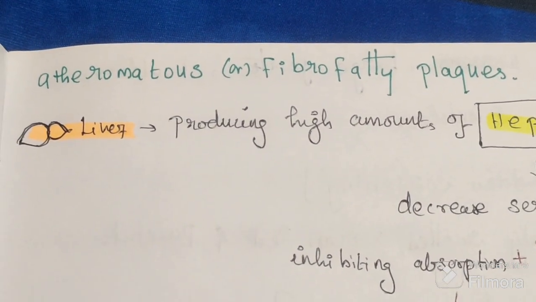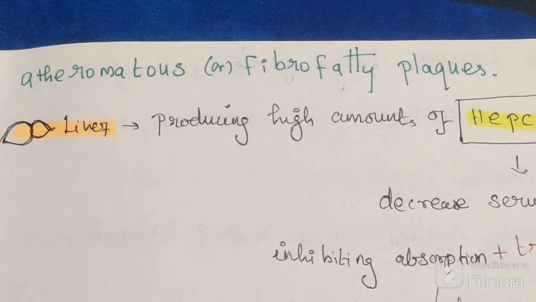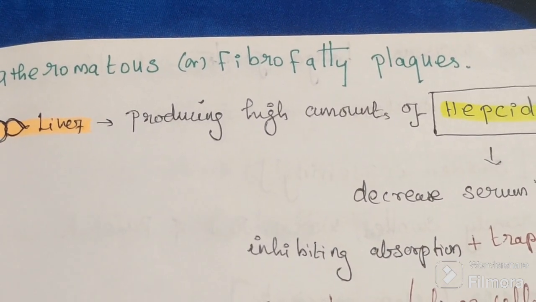In response to inflammatory cytokines, the liver also starts producing high amounts of hepcidin.